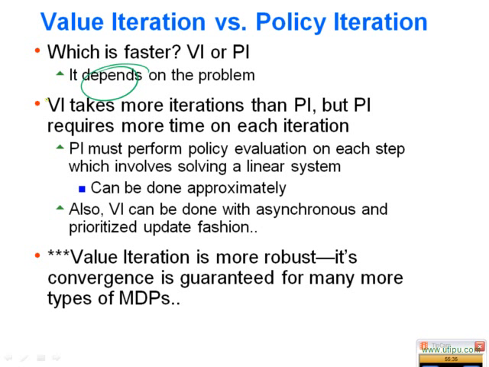However, policy iteration must perform policy evaluation on each step, which involves solving a linear system. Now, the question, of course, is that's what is taking a lot of time. Do I really care as to what is the true value of my current policy? If I care, then I have to solve these equations exactly.